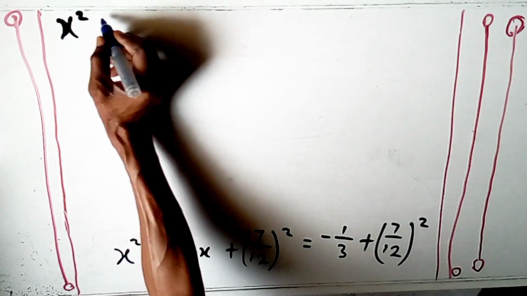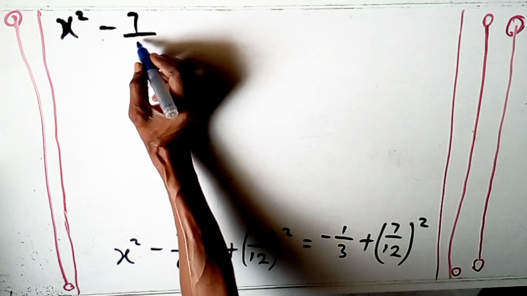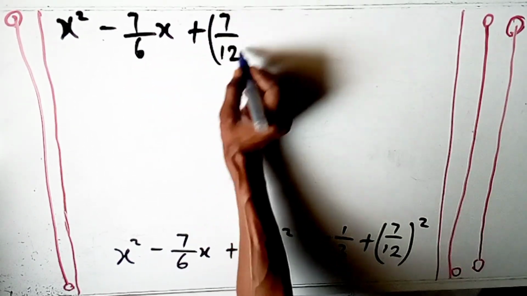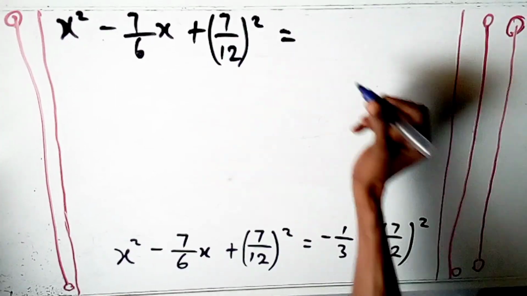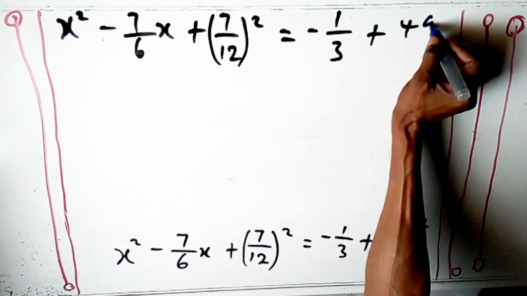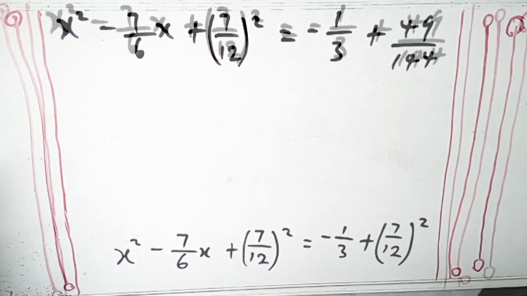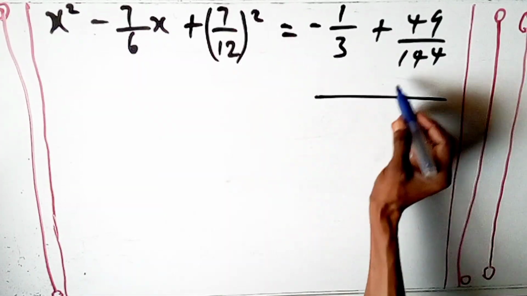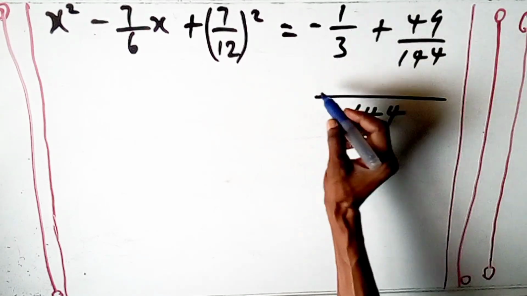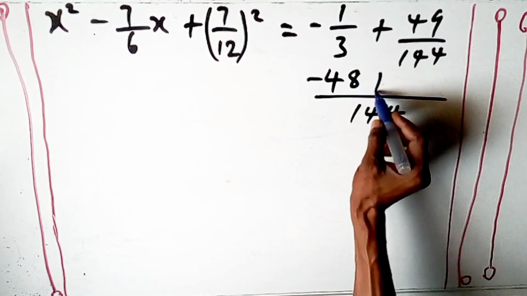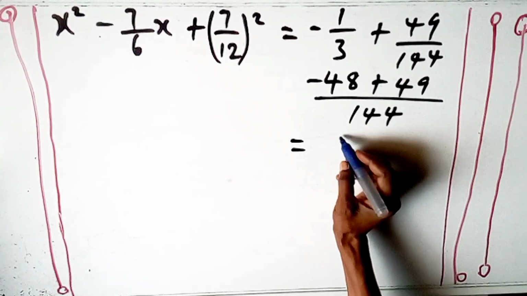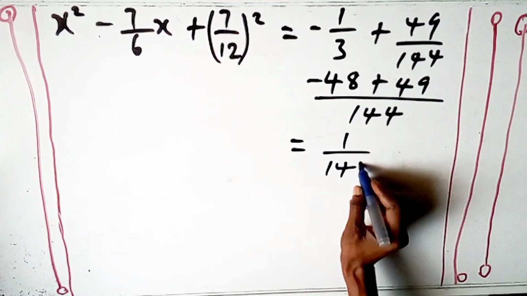So we have now x squared minus 7 over 6x plus 7 over 12 squared equals to minus 1 over 3 plus 49 over 144. After solving it, we got minus 48 plus 49, and that will give us 1 over 144.